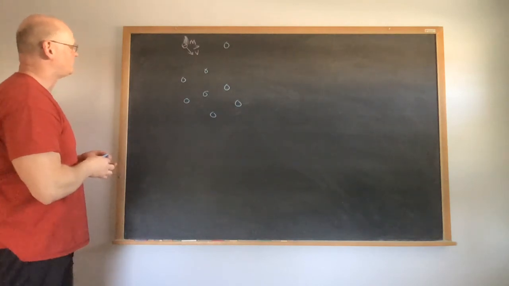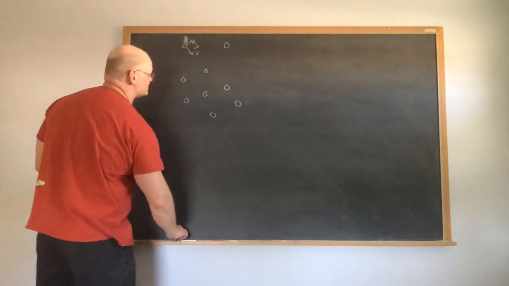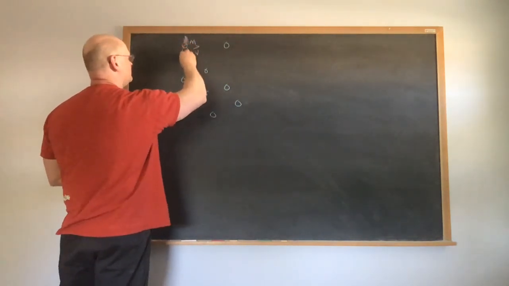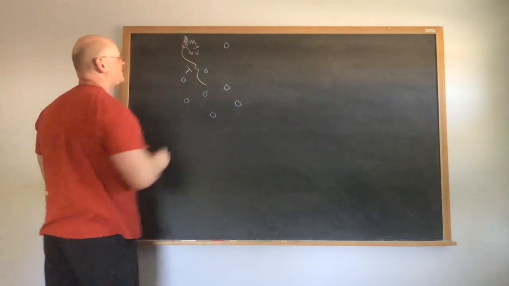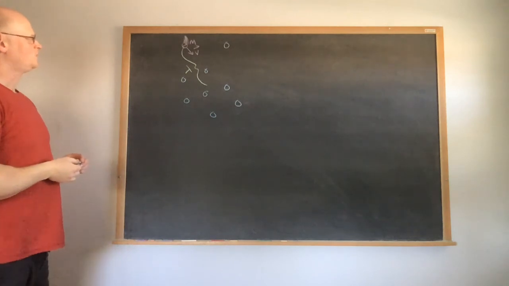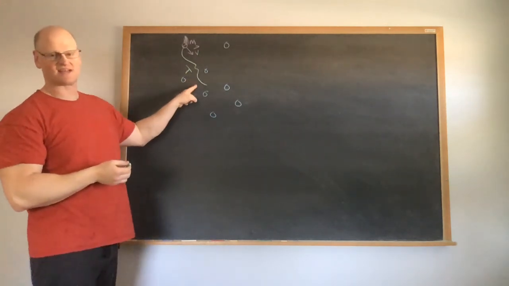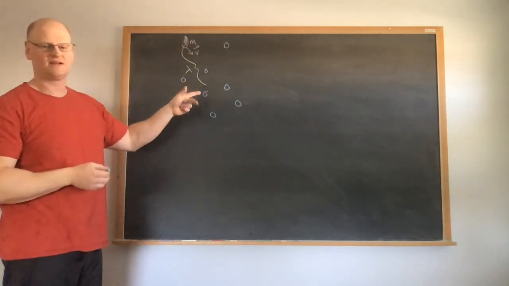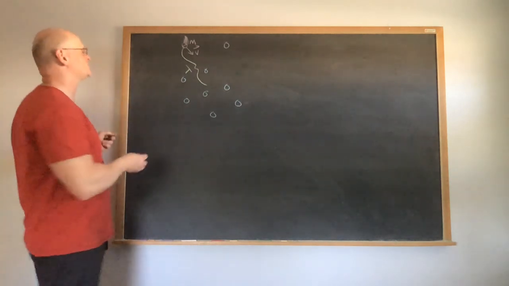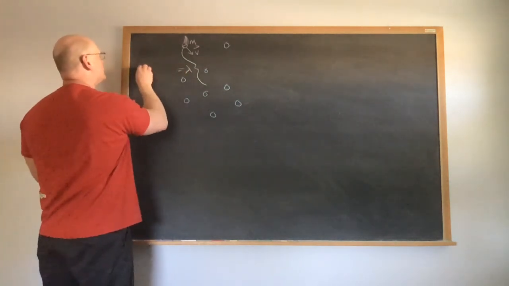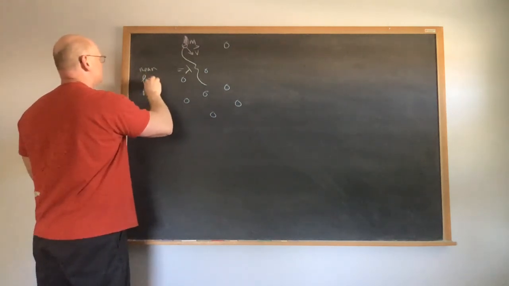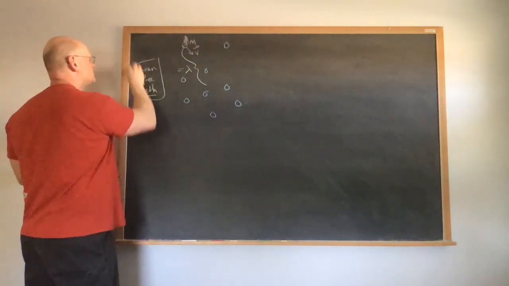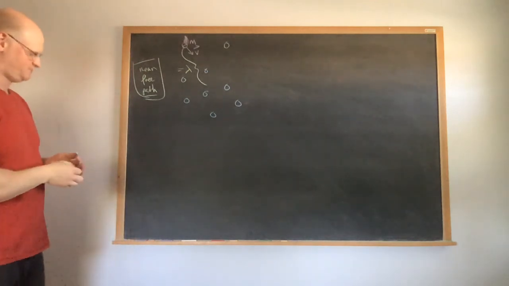So again, what we want to know is, what is the average distance this particle is going to travel, let's say to here? I'm going to call this lambda. What's the average distance it's going to travel between collisions, on average? This is what's known as the mean free path.